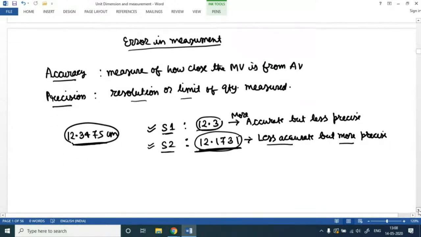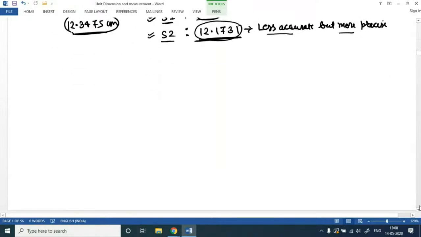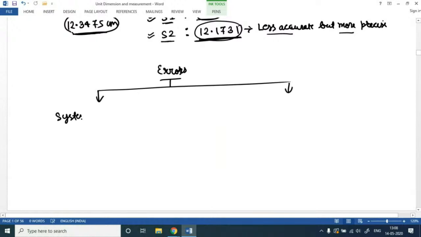Okay, so every measurement has some error associated with it, and let's try to understand what would be the type of errors. So errors can be broadly divided into two categories. The first one is known as systematic errors, and the second one is known as random errors. So systematic error, you should realize, is first of all unidirectional.